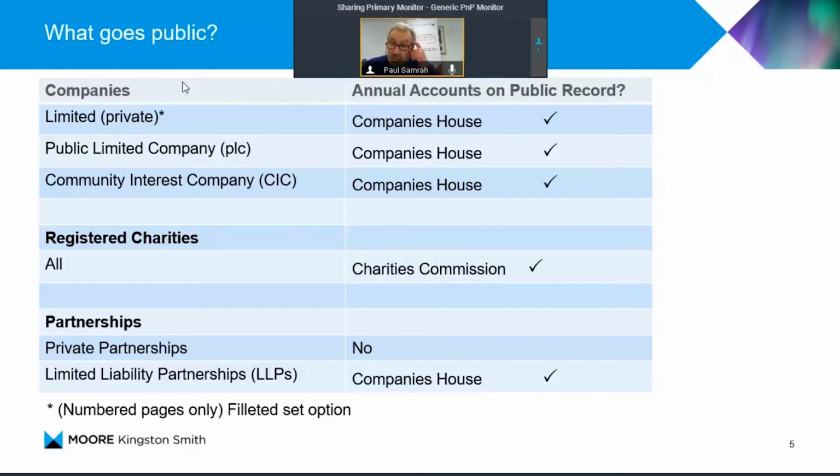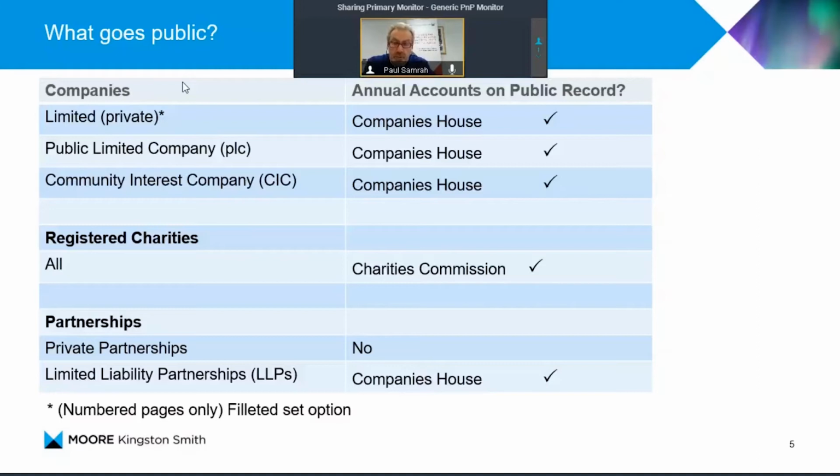Charities, registered charities that aren't companies, their accounts are on file with the Charities Commission. Again, anyone can log on to the Charities Commission website, put in the name of the charity, and you'll be able to see the accounts and the relevant information. Private partnerships, they're not for public consumption.